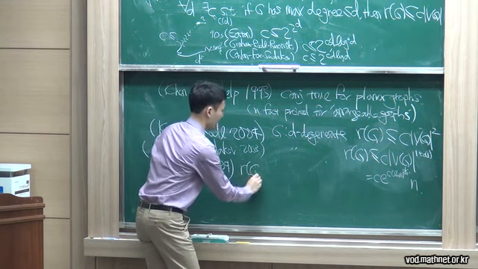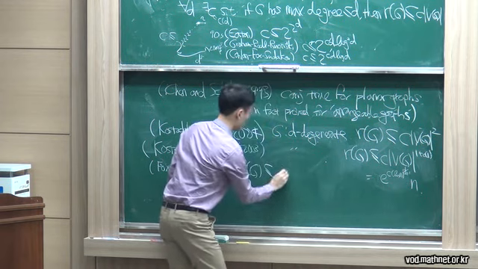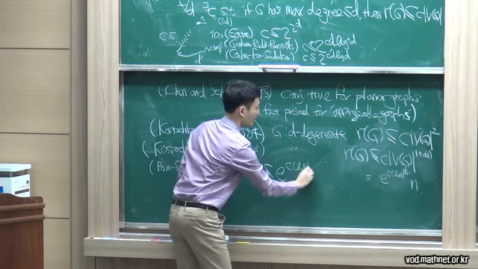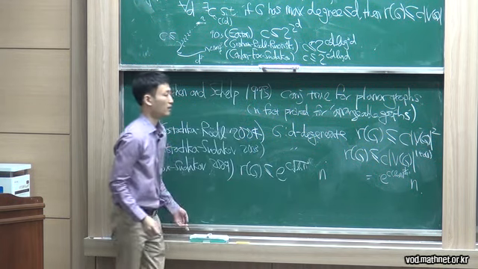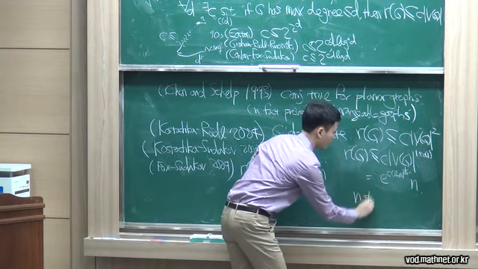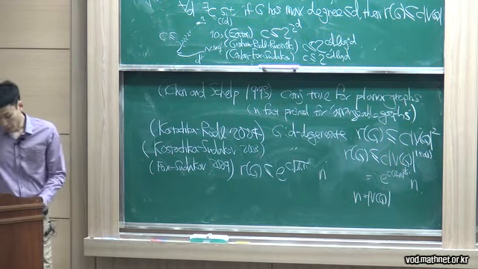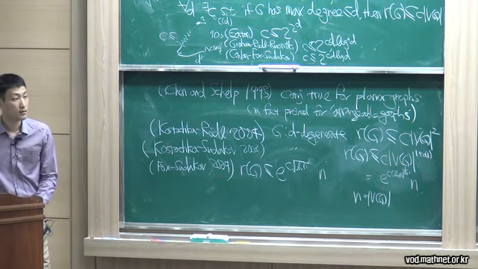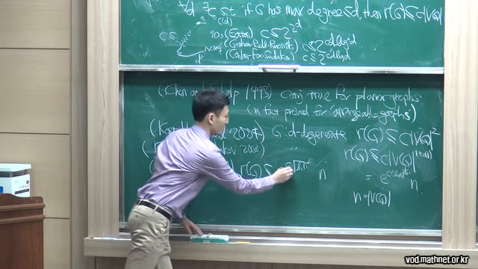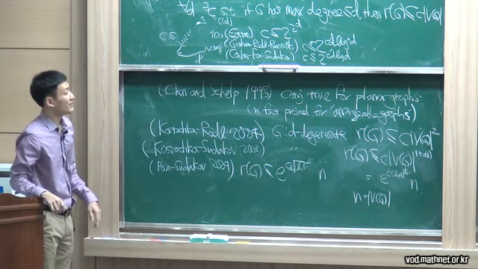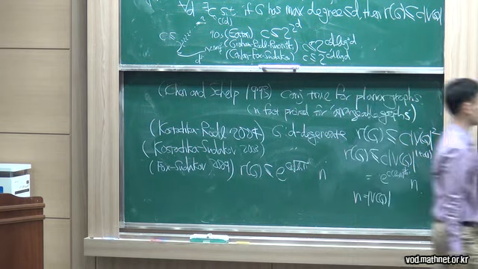So R of G is at most e to the c times (log n) to the 1/2, times n. Square root. Now C depends on D. And so I was able to build on these results and settle the conjecture.